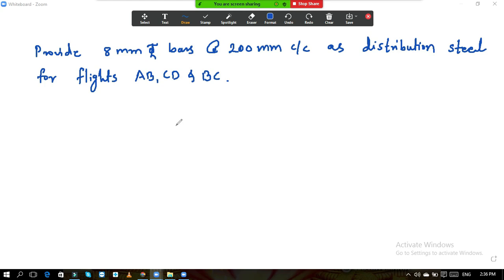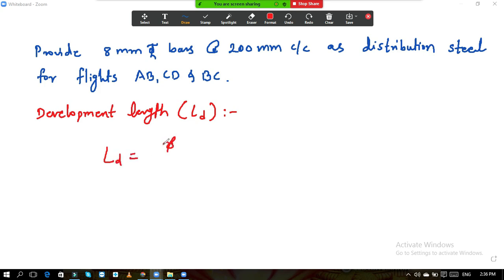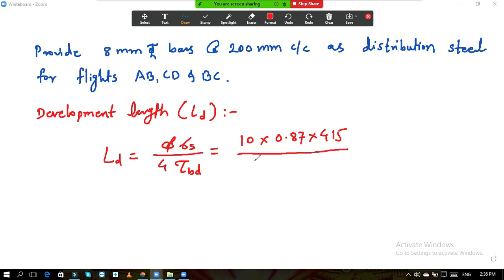So calculate the development length, LD. LD is equal to phi sigma s upon 4 tau BD, where phi is the bar diameter, the maximum bar diameter, which is 10, sigma s is 0.87 into Fy, Fy is 415, divided by 4 into tau BD, which is 1.2.